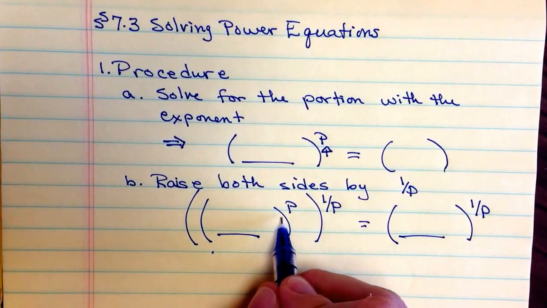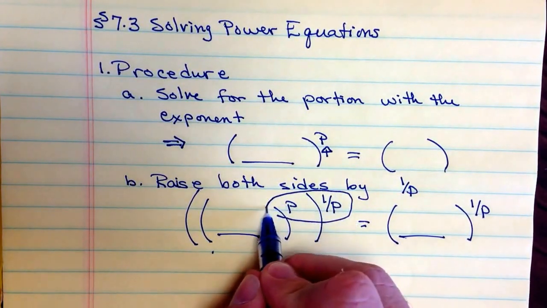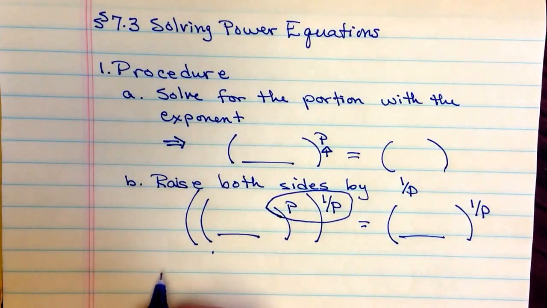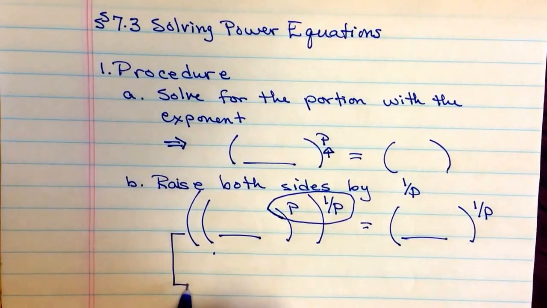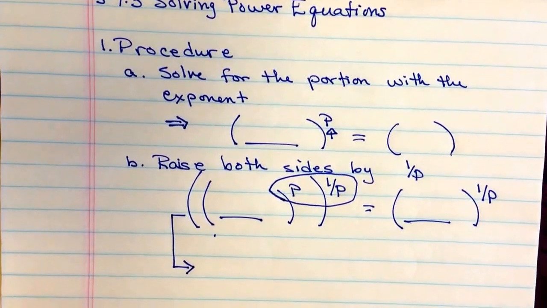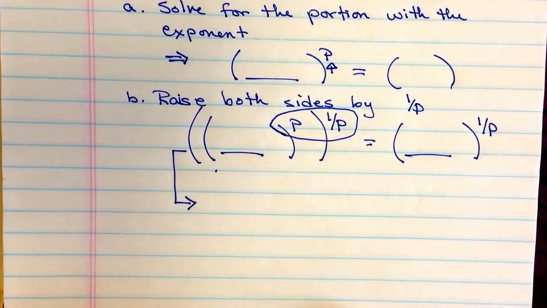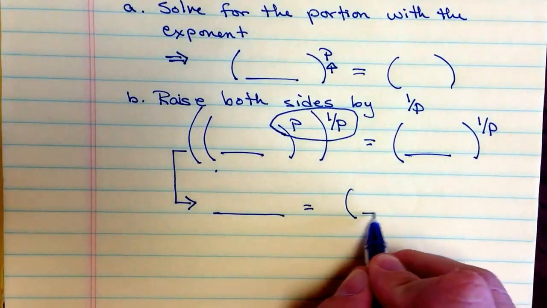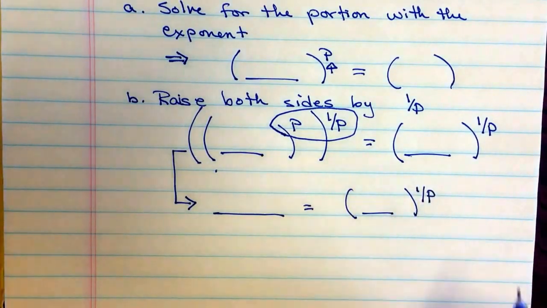Alright, well, when we use the power to a power rule right here, we multiply the exponents, and that gives us the one that we need. So what we're left with after we simplify this is simply some stuff equals something to the 1 over p.